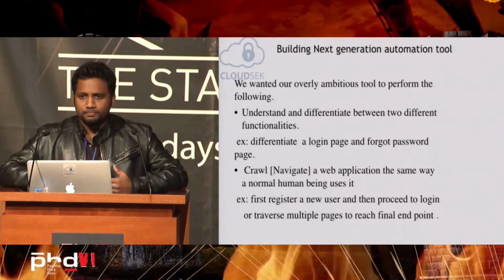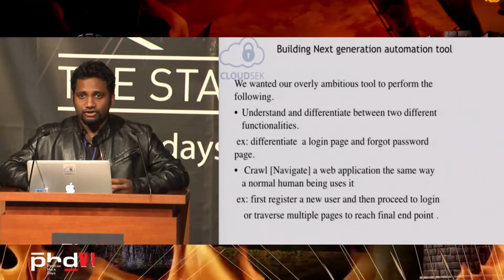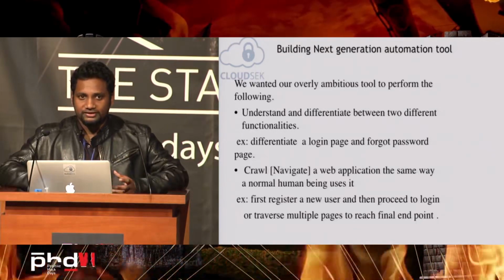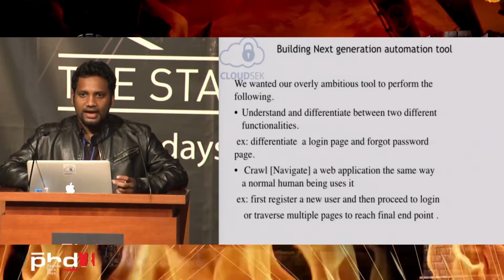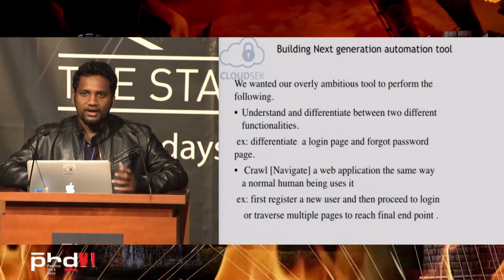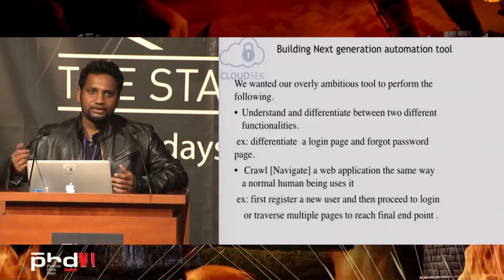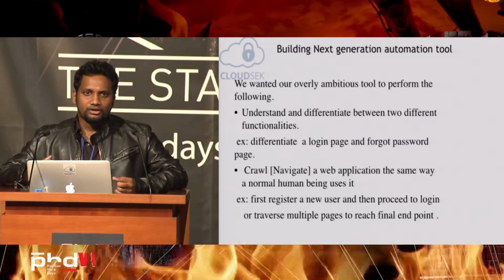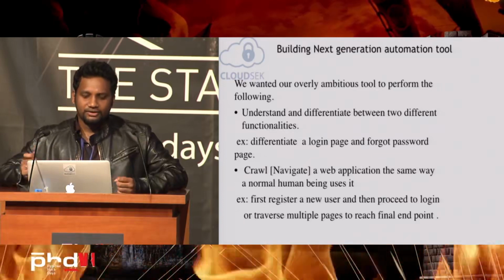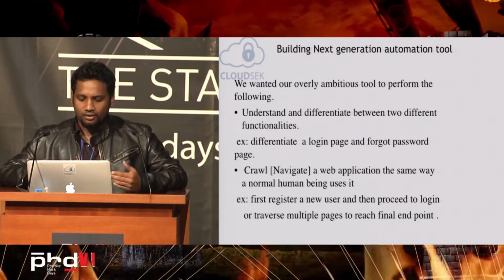If it's testing a social networking site, it should understand that it's dealing with a social networking site, and that there are different patterns for each of them, and how it would identify it should be from the previous learning. So every time it does a testing, we wanted our tool to get better, and it should learn from the past experience so that it would get better over and over again.